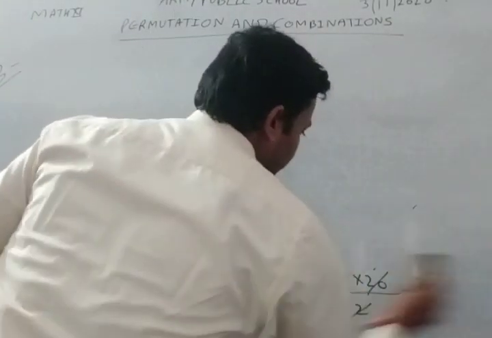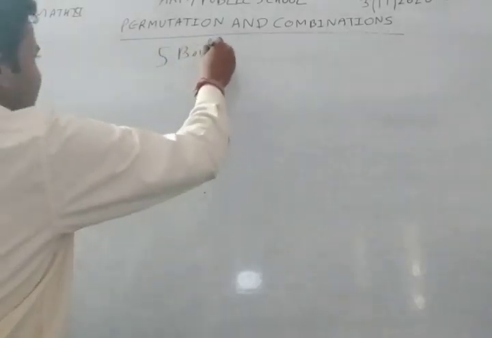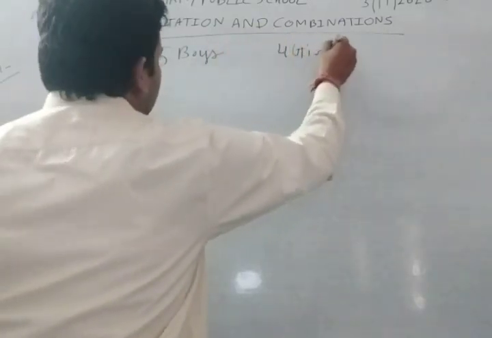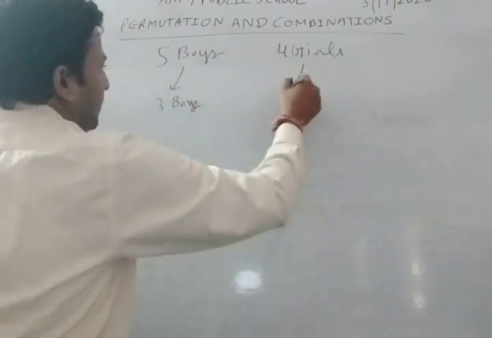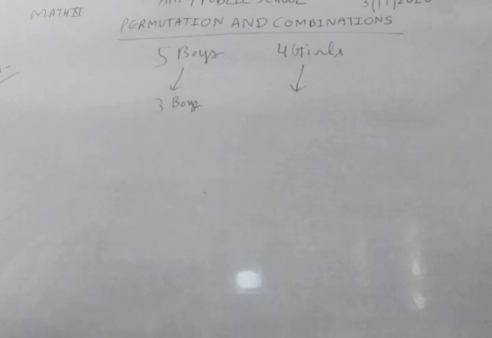Our next question is, in how many ways can a team of 3 boys and 3 girls be selected from 5 boys and 4 girls? 5 boys and 4 girls are given, and we have to make a team of 3 boys and 3 girls.